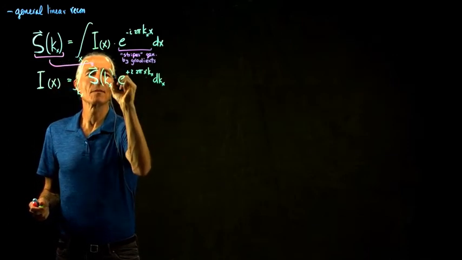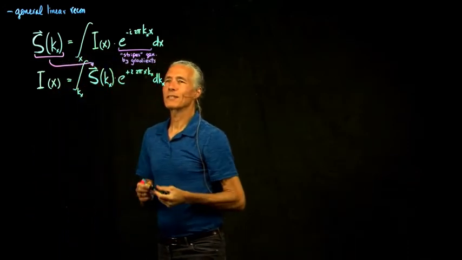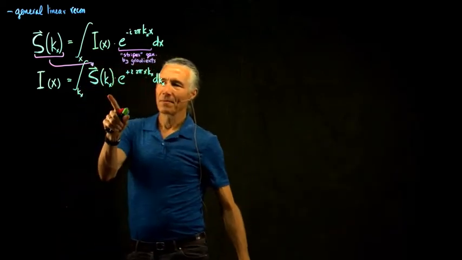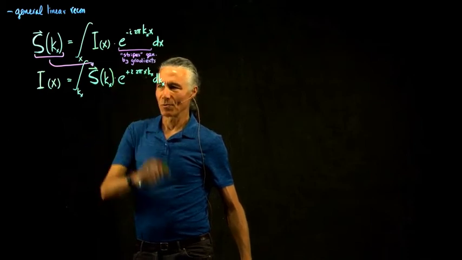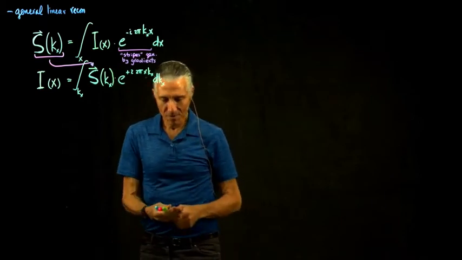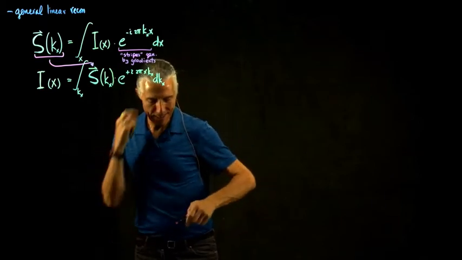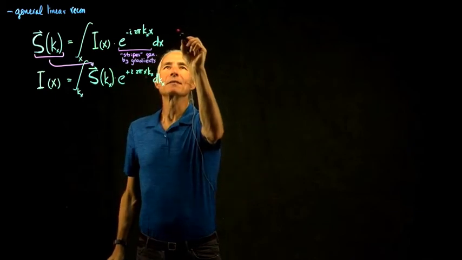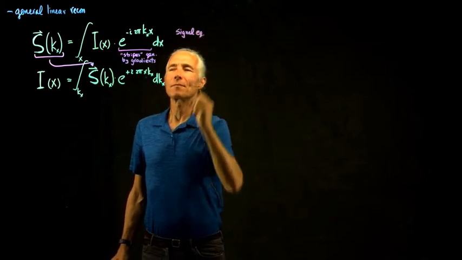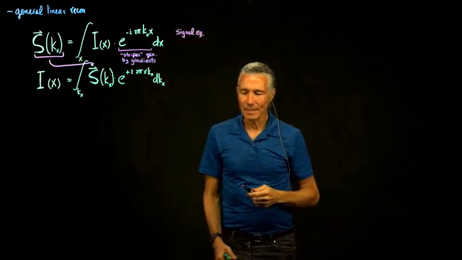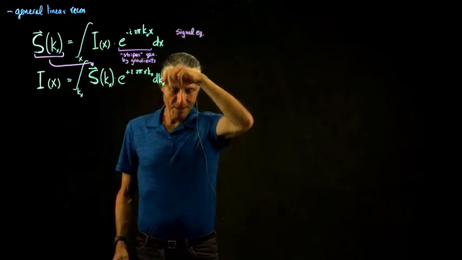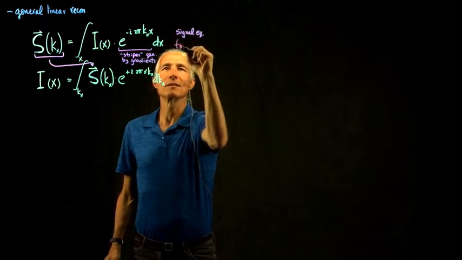So what is the general linear inverse method designed to do? One way of thinking of this is that this is the signal equation. If we think of it from the point of view of a general linear approach, you could think of this as the forward solution.